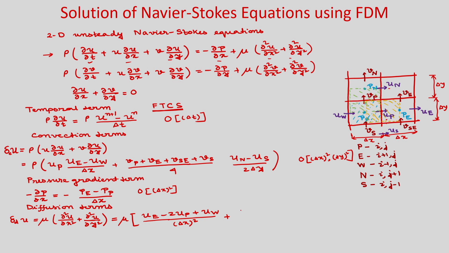So, the order of accuracy is delta x square and delta y square.